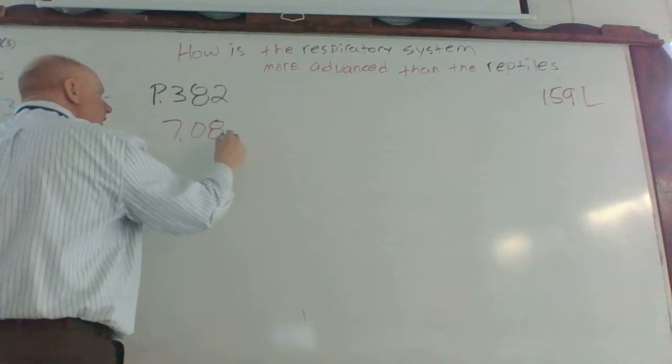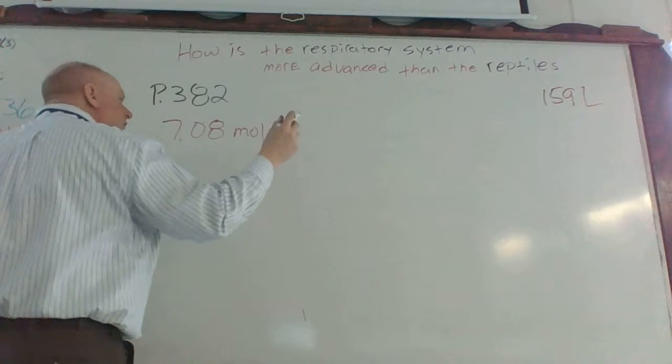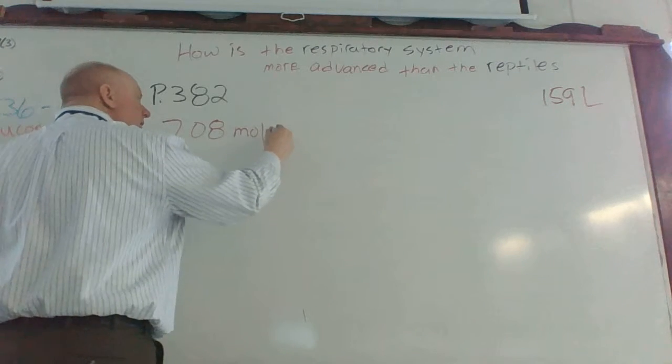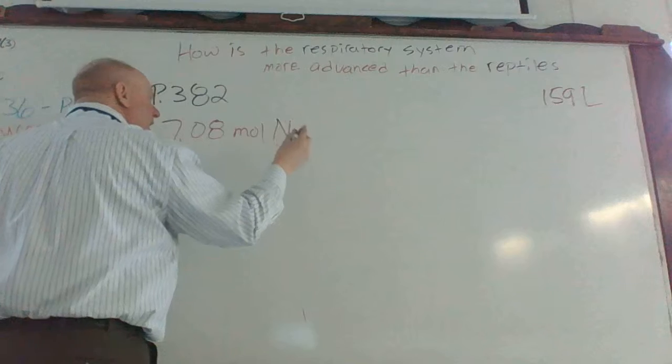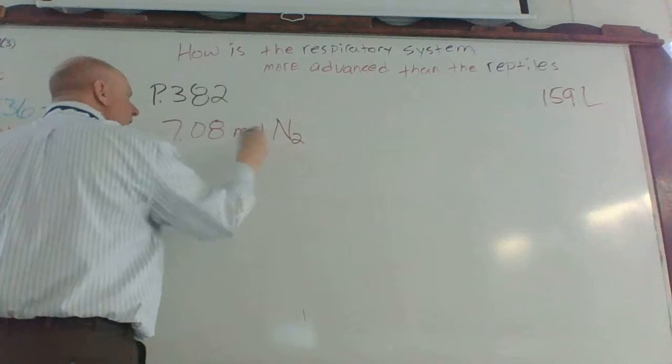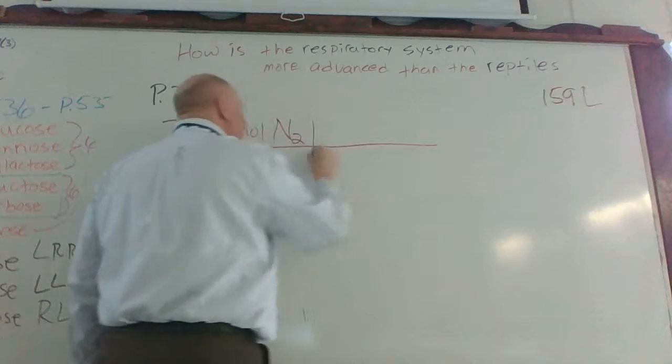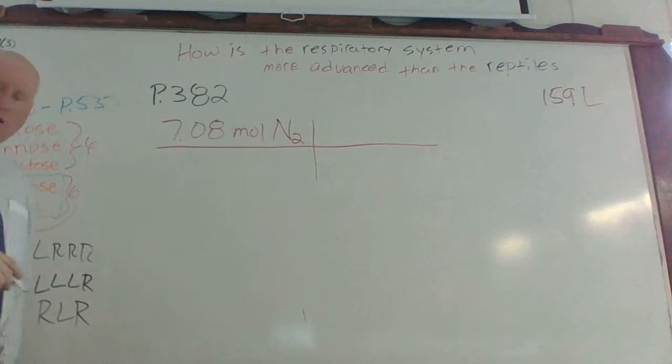7.08. Now again, it doesn't matter whether you have the label in there, but just for good practice, we're going to put N2, because it's diatomic. So what we see happening is for every mole of a gas measured at STP, it's how many liters?